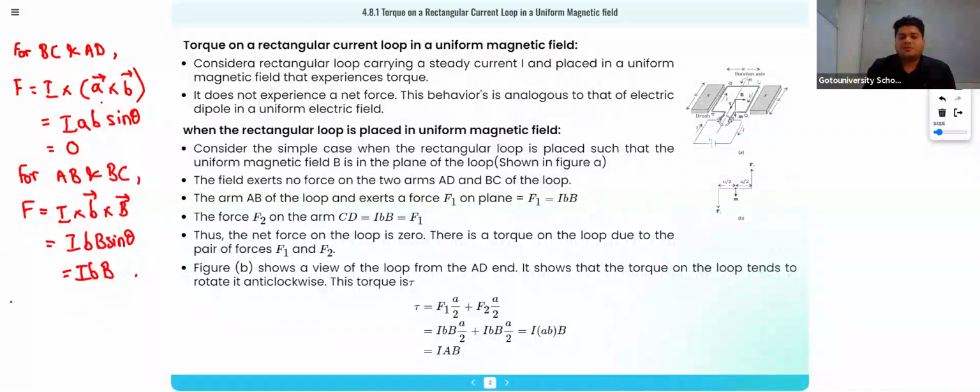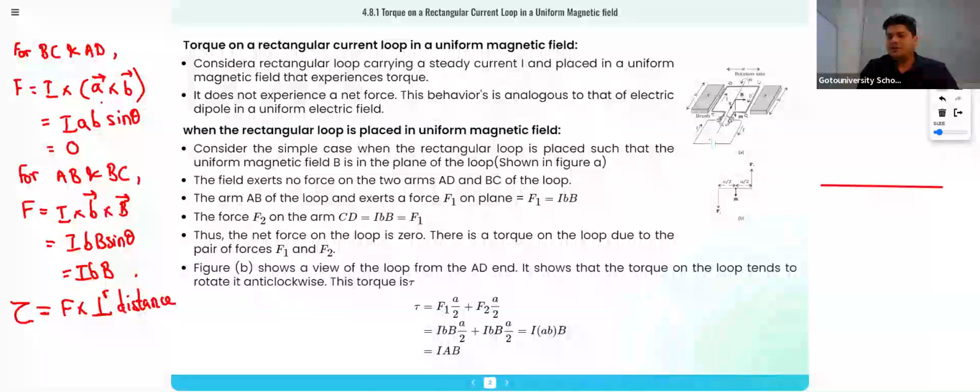And then what are you supposed to find? You are supposed to find the torque. What is torque? Torque is force into perpendicular distance. Now, what is perpendicular distance? Just understand. See, first it was here.